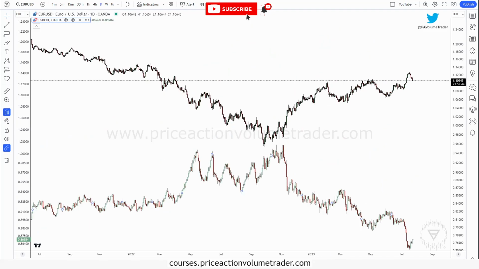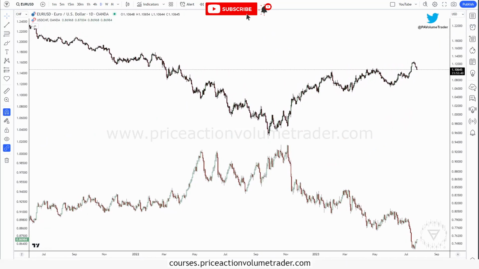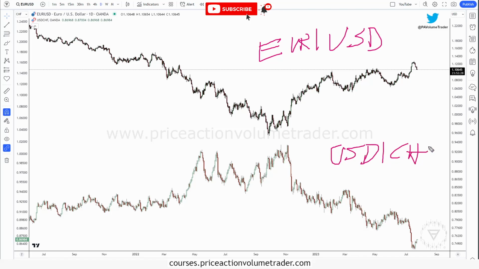Continuing with Forex, let's look at Euro US dollar against the US dollar and the Swiss franc.